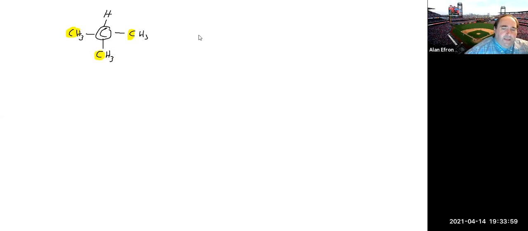That would be a tertiary carbon. Now, sometimes people ask, is this guy a primary, secondary, or tertiary? This guy would be a primary carbon. Because it's drawn in condensed formula, people sometimes miss that it's actually attached to this carbon, right? So that would be a primary in that case. Any questions on that?